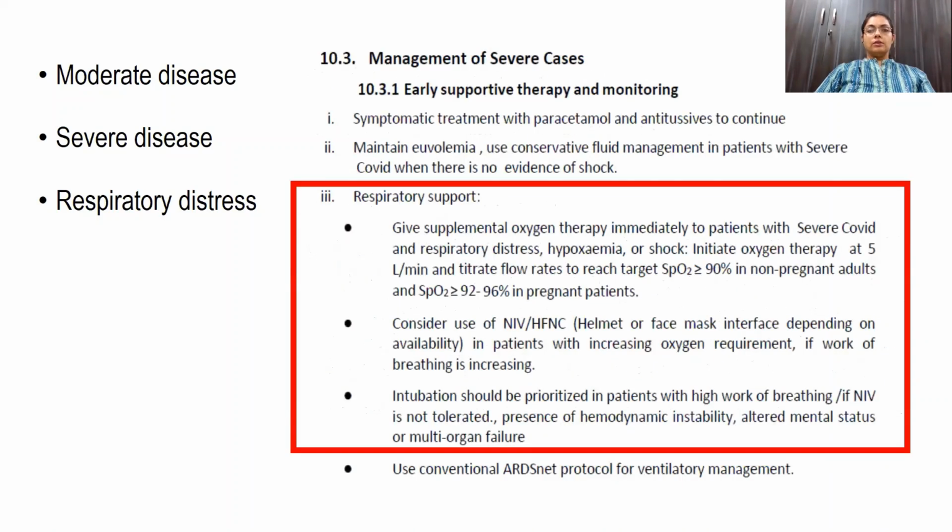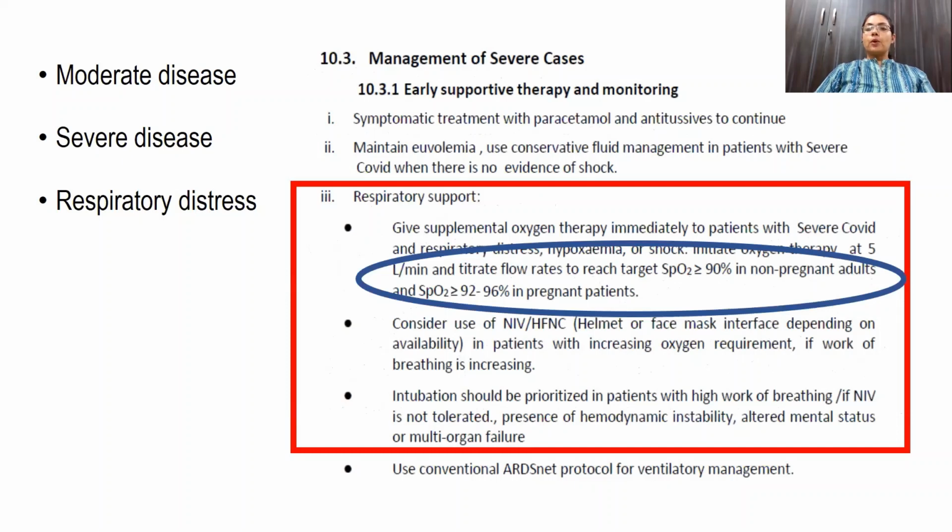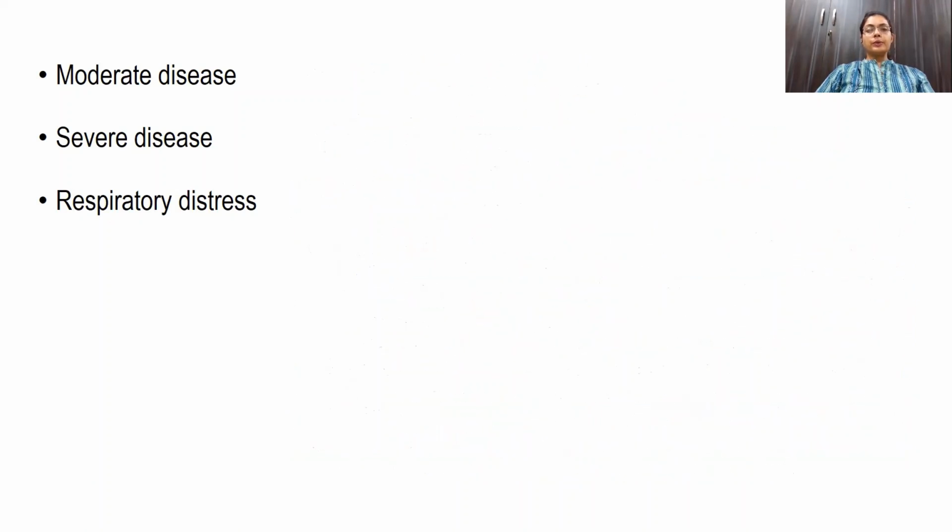Severe COVID-19 disease, where the targets would be more than or equal to 90% SpO2 in non-pregnant adults and SpO2 greater than or equal to 92 to 96% in pregnant patients. And the third indication would be respiratory distress.